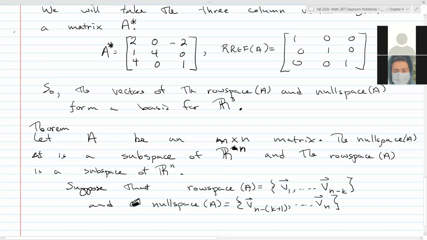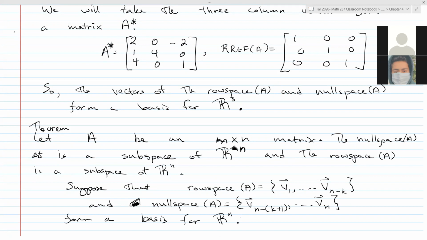They're not necessarily in any kind of order. We don't really need an ordered basis here. We just need to know that when we have the row space and the null space together, they add up to n vectors, and they form a basis for Rn.